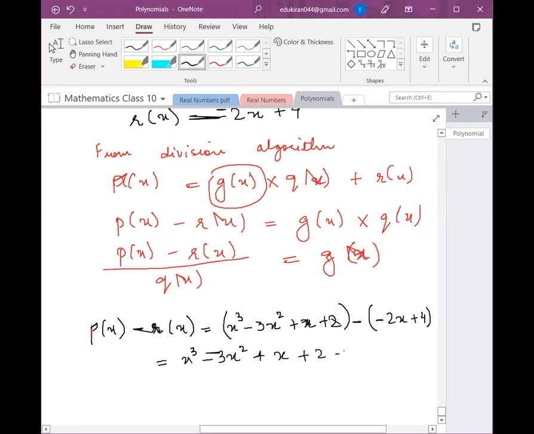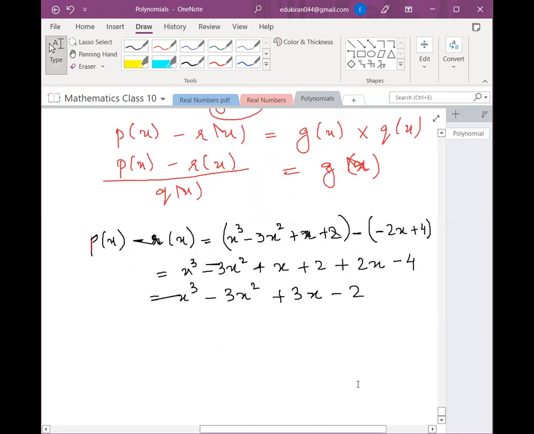Now minus minus will become plus, and minus plus is minus 4. Now see x cube, 3x square, and then I have x plus 2x, so this will give me 3x, and plus 2 minus 4. So I'll get minus 2. Correct? Yes.